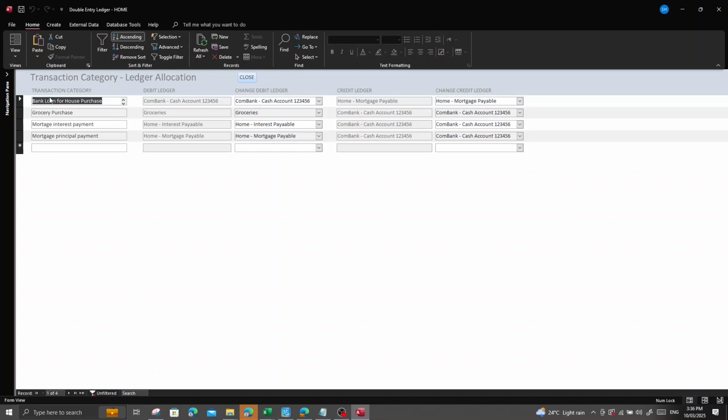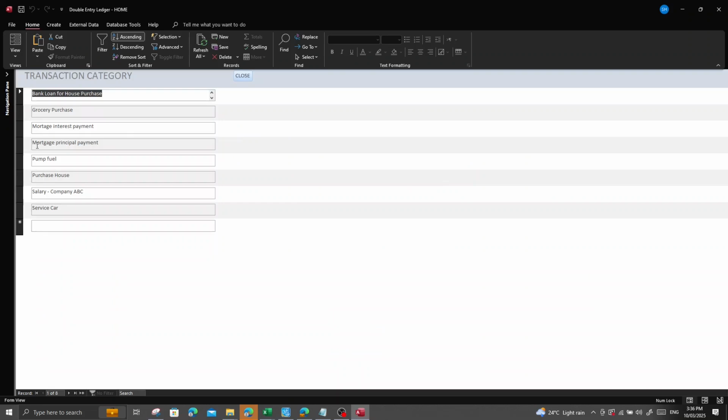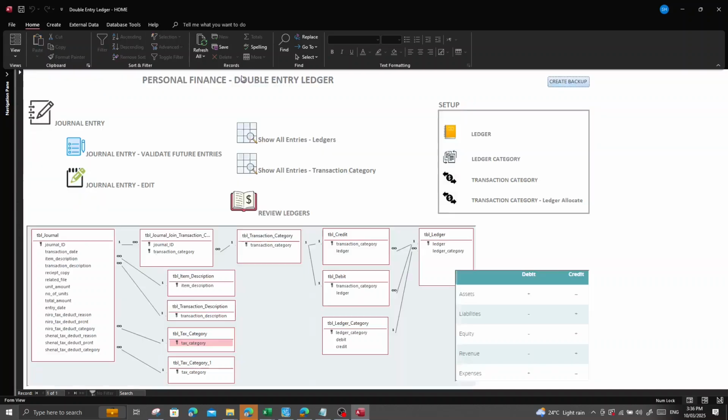So I've already got a transaction category for the bank loan for purchase of the house. I've already got some transaction categories for the mortgage interest payments and mortgage principal payments. Let me correct that spelling mistake.